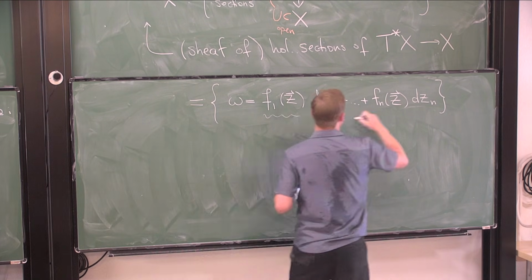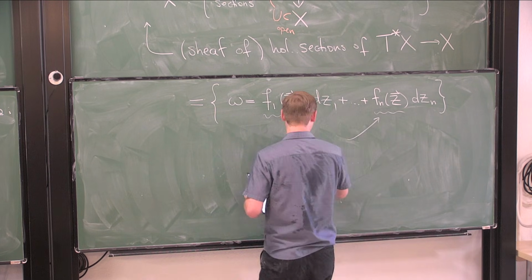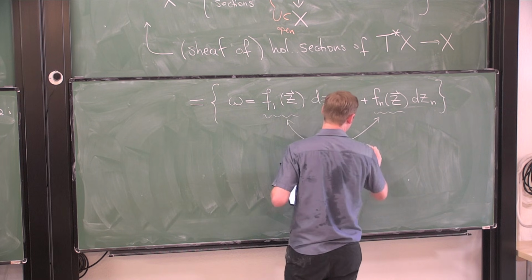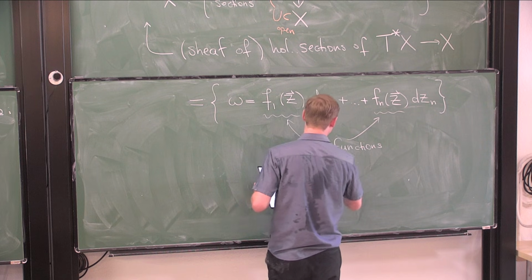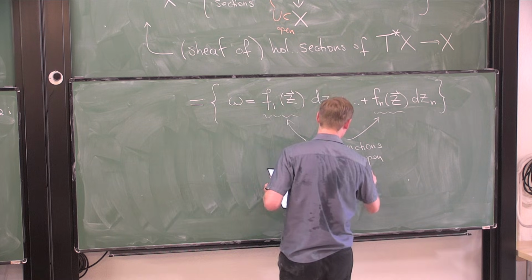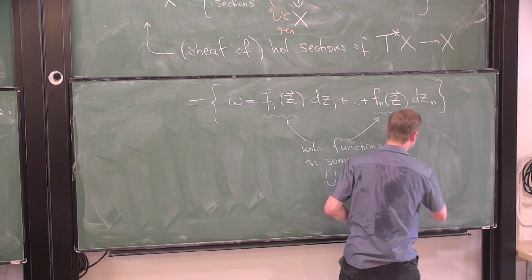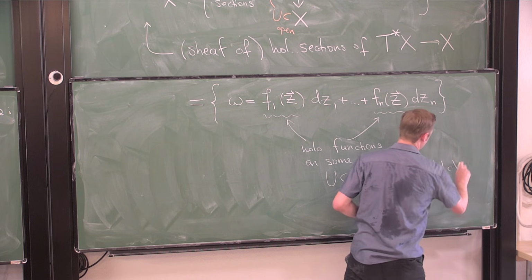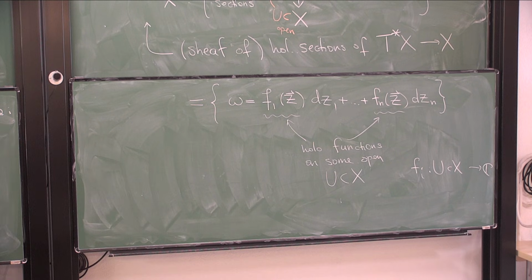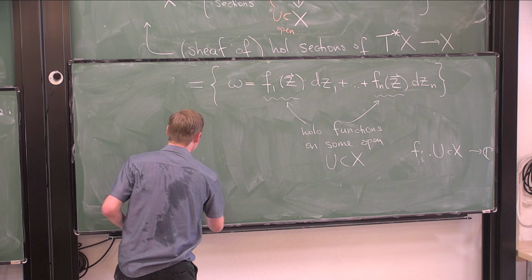So these are holomorphic functions on some open subset U of X. In other words, Fi is a map, a holomorphic function like this. And one more notation.